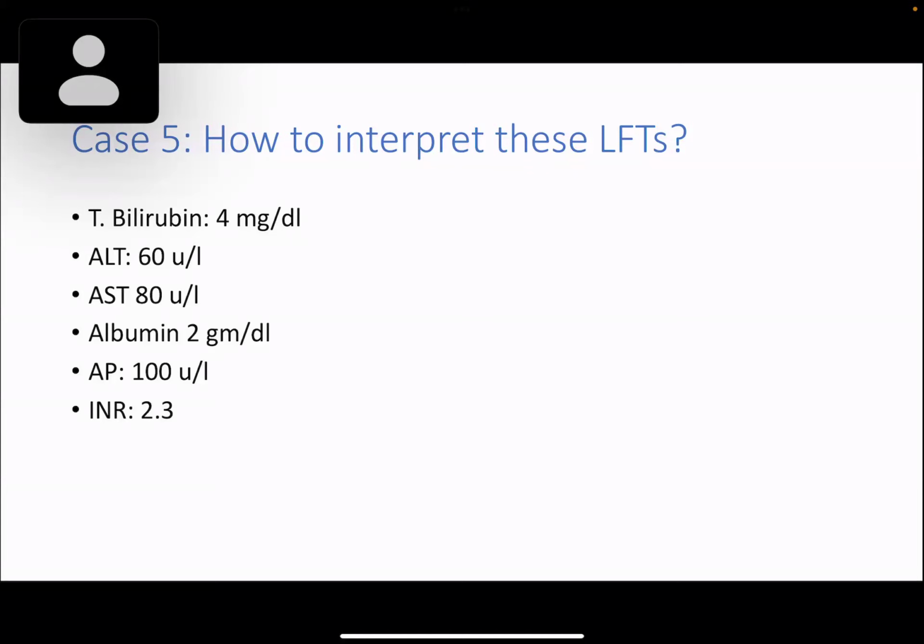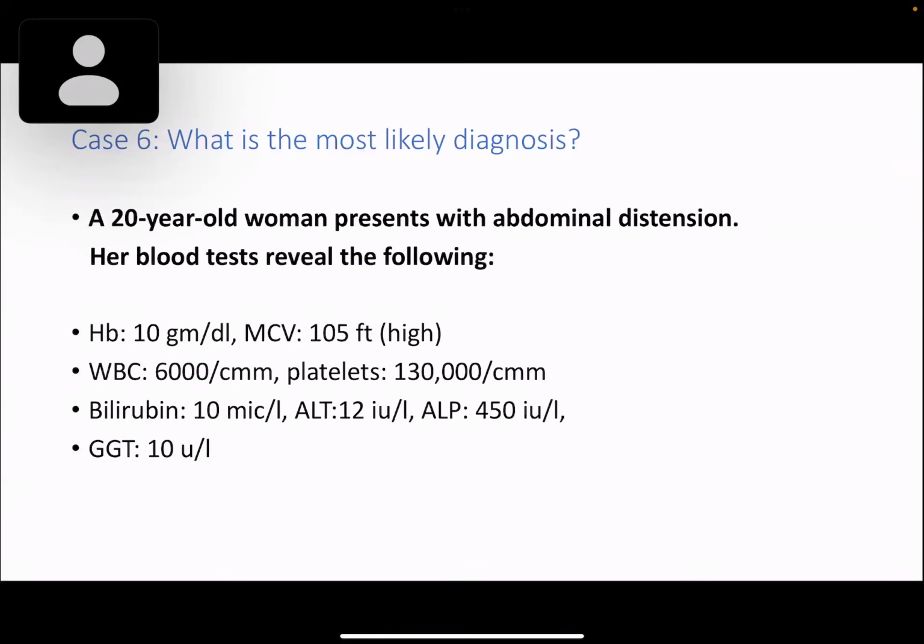Last case. A 20-year-old woman presents with abdominal distension. Her blood test reveals the following: low hemoglobin, she has mild anemia, high MCV, so it is macrocytic anemia.